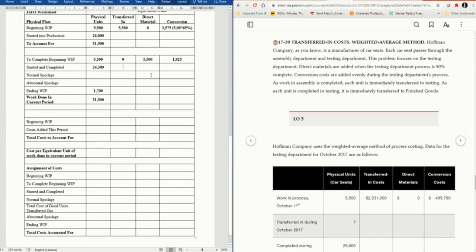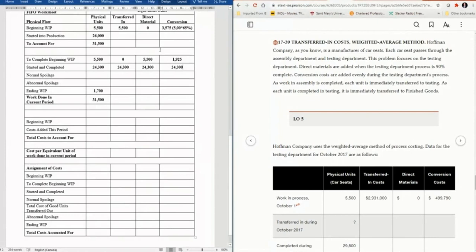So the next batch, 24,300, we're not going to ship them out unless they have all of the mechanics, all of the leather cushions, and all of the testing effort.